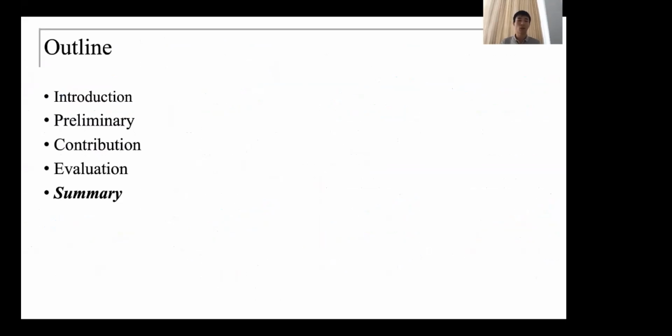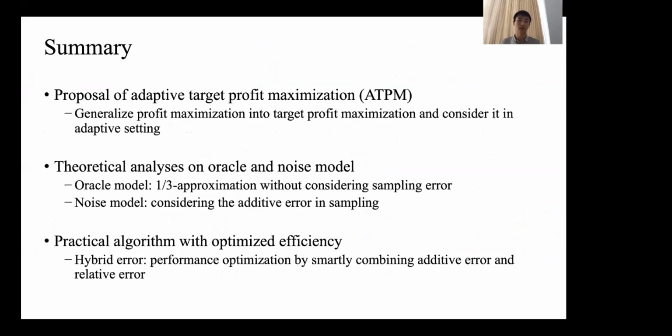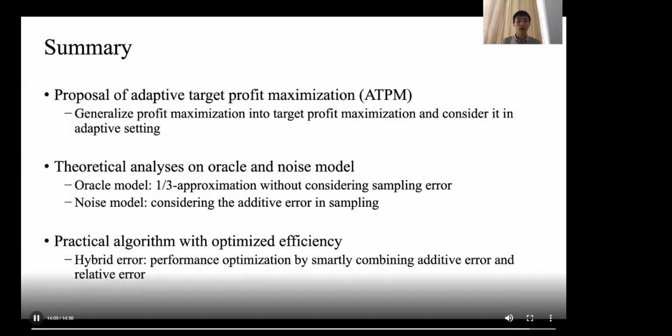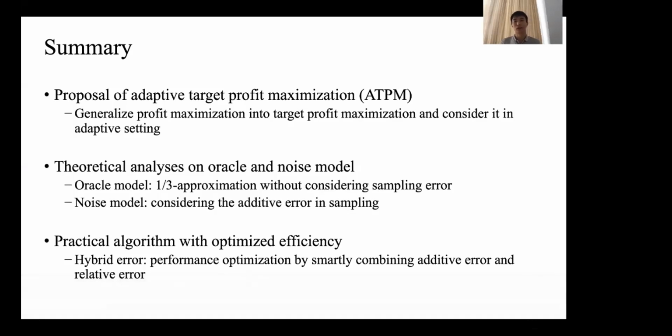So to summarize, in this work, we study a novel problem of adaptive target profit maximization. To our knowledge, this is the first work to study such a problem under the adaptive setting. We propose several solutions to address this problem under both the Oracle model and the noise model.